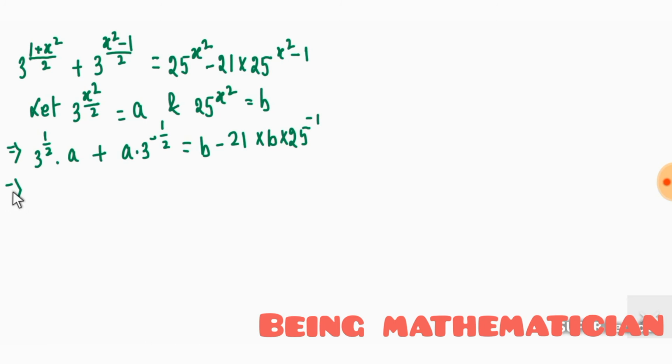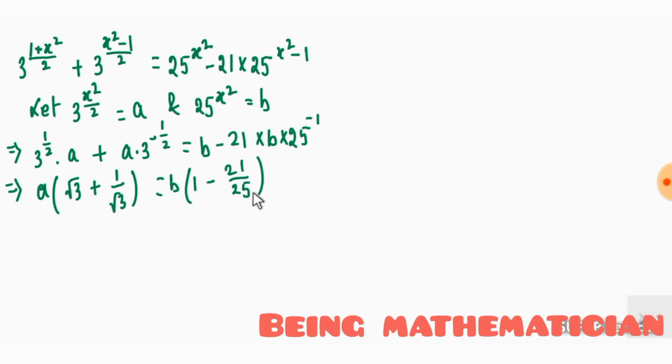So now take common a from two expressions. We get root 3 plus 1 by root 3, and common b from the expressions we get 1 minus 21 by 25.